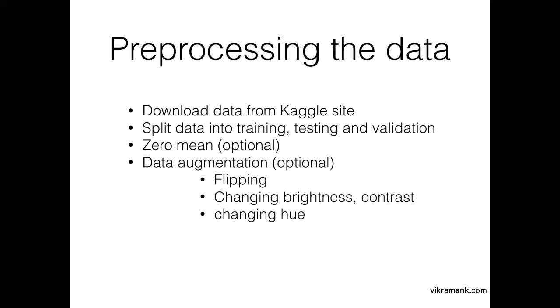Just in case you feel your accuracy is pretty low, you can use this step. Basically, in order to increase our data set, we randomly flip some images, change the brightness, contrast, hue, etc. By changing these, we create new data and make our data set larger.